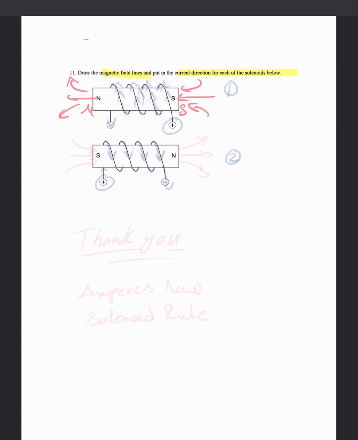Now, as we have our hand wrapped around it, look at the way our fingers are moving. Assume this isn't on the ground, assume this is right in front of you, as it might be easier that way. And as your hand is wrapping around it, your fingers are going down, up, and then down, but they're going up initially. And as we can see right here, this plus sign is where the current is going to be coming from.